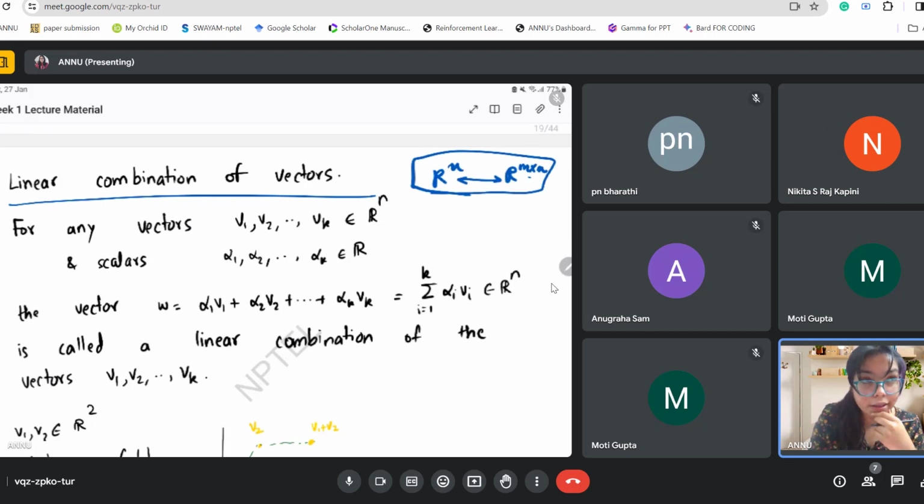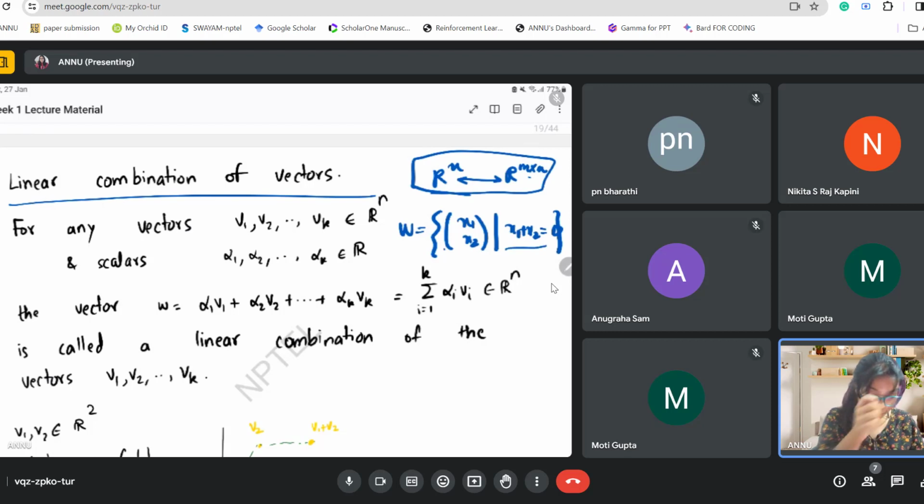Let's understand with one example. Suppose you are having a particular type of vectors that have a particular property. For example, what we saw: x1, x2 with the property x1 plus x2 is equal to 0, right? Suppose this set is W. This is a particular type of vector having this property, and if we plot it, we call it a line.